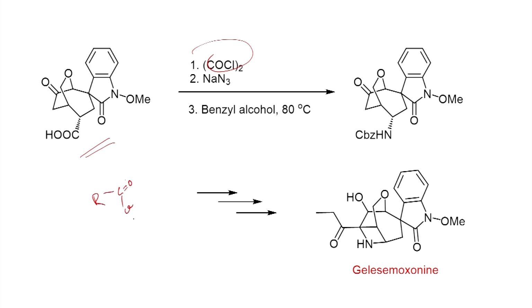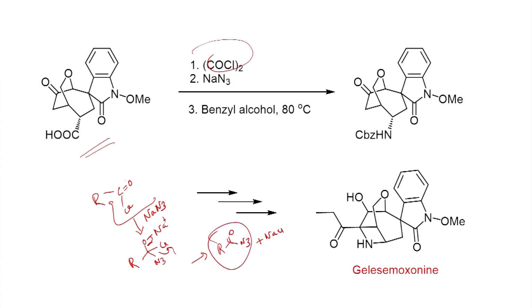Once you form this one, when you react with sodium azide, so once you have the acyl azide as we have seen, and when you heat, you can give the nitrene, which can undergo now rearrangement.